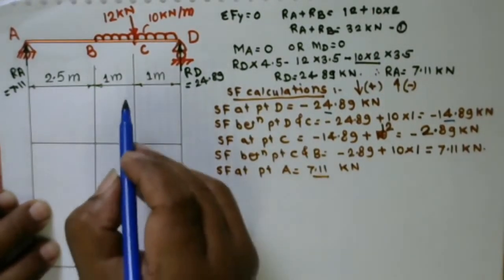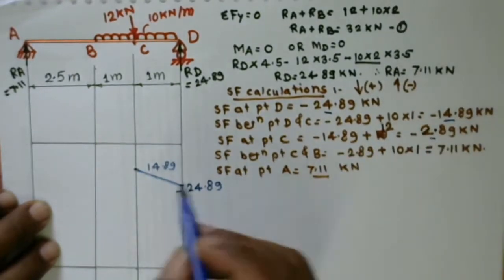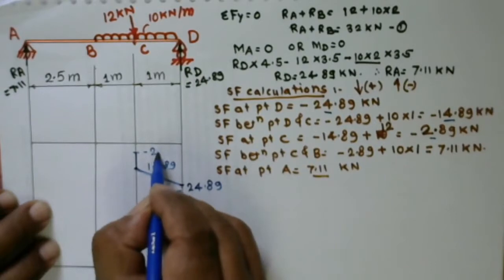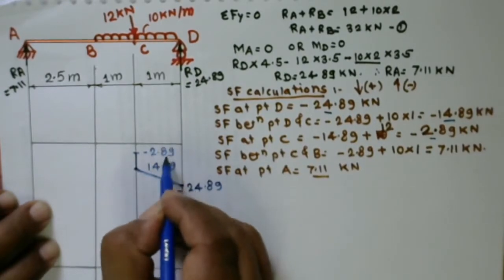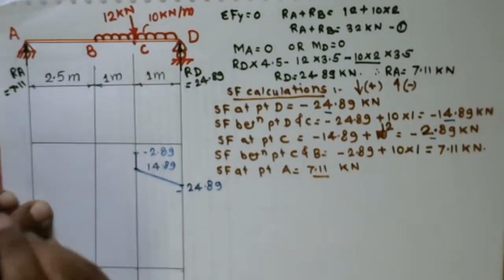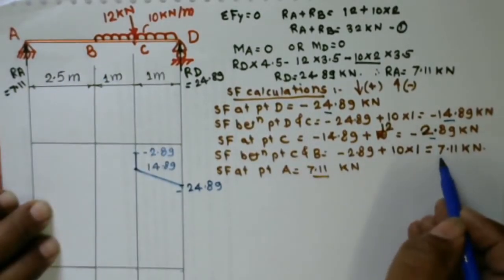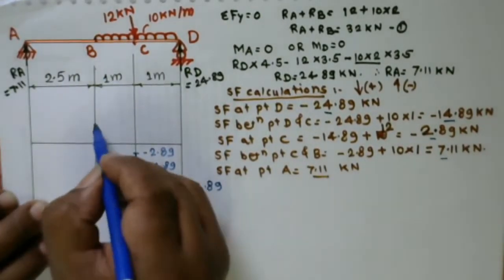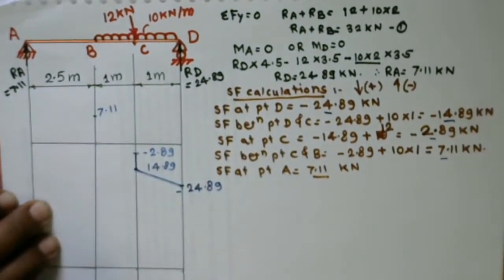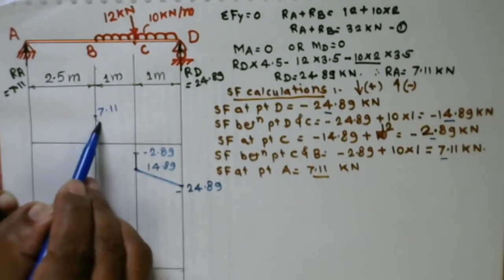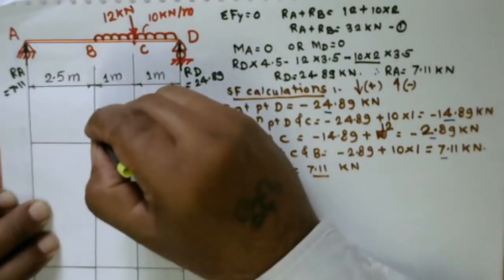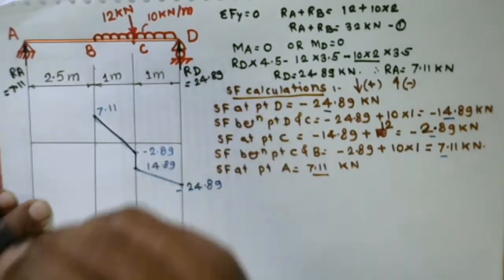At point C again it is minus 2.89, so again minus 2.89. Between points B and C there is a UDL and it becomes 7.11, that is a positive value, so it goes on the upper side, 7.11. We join this by an inclined line because there is a UDL.